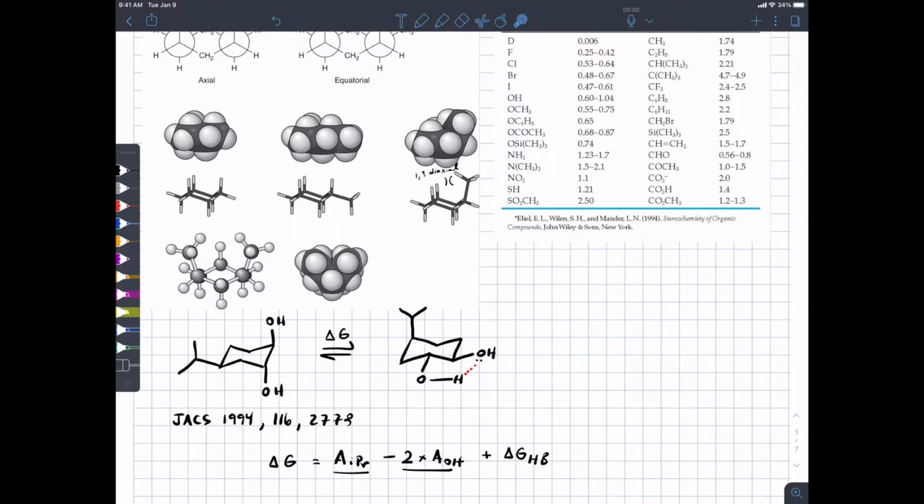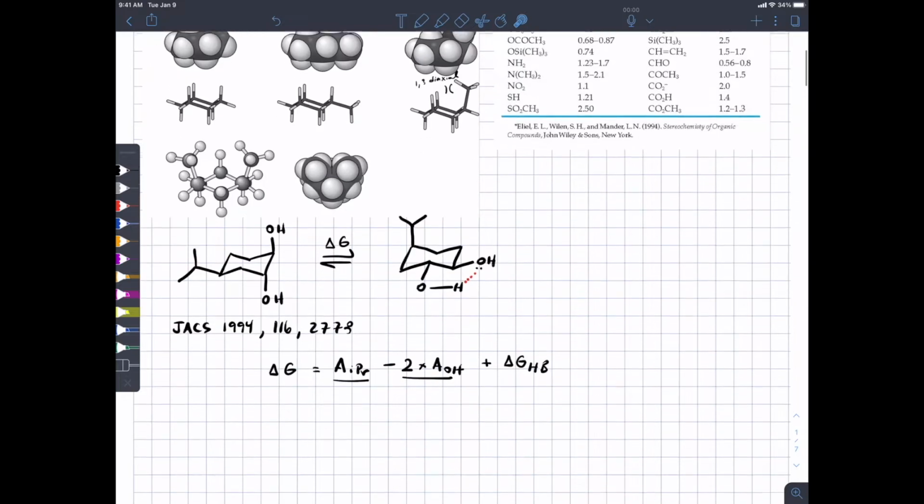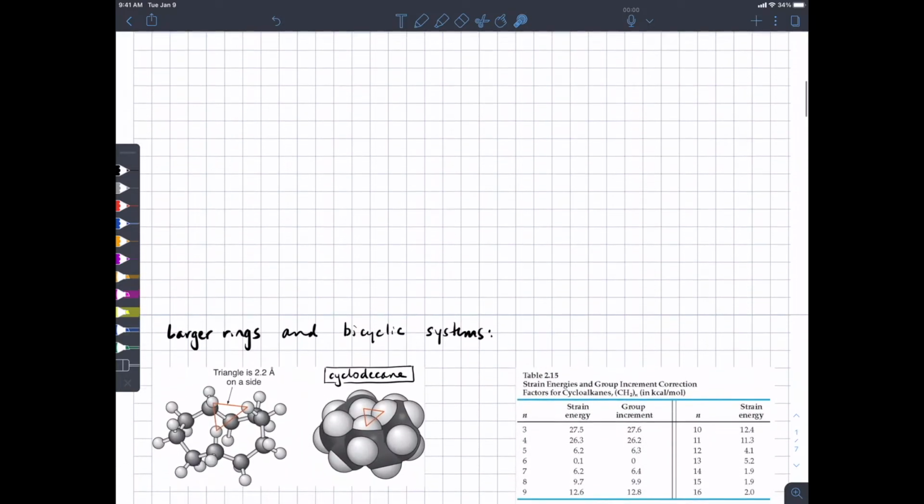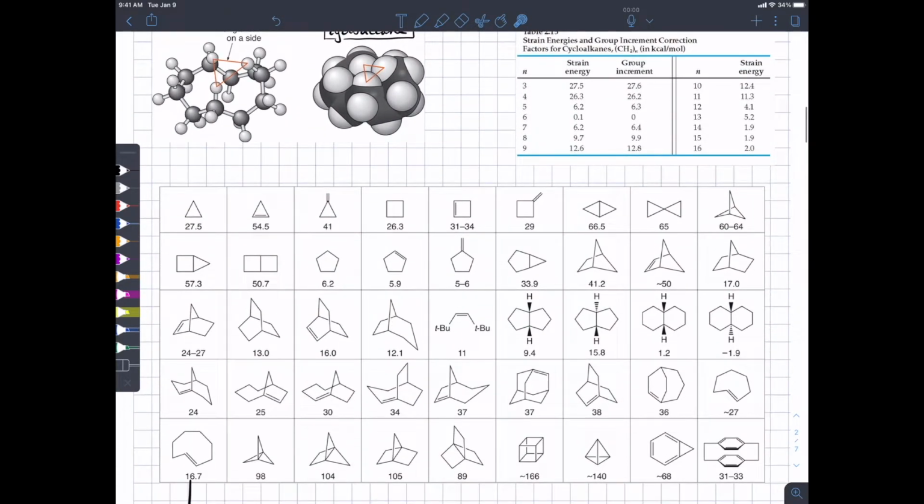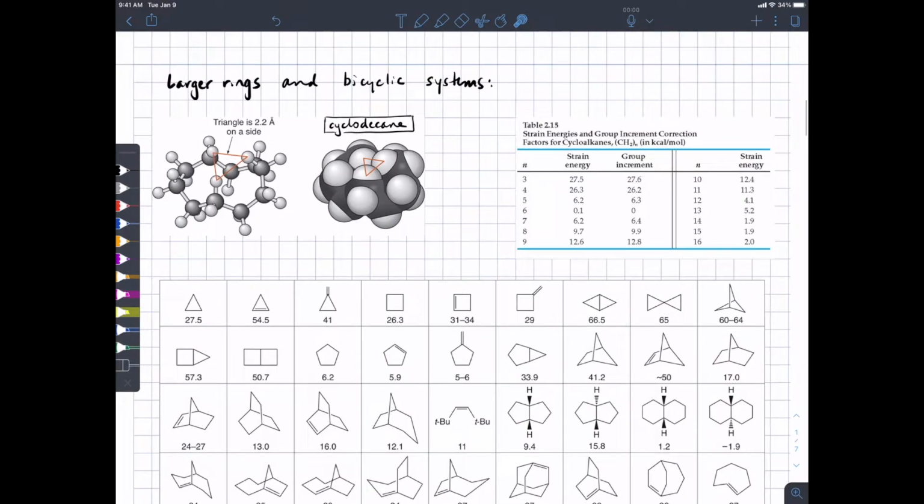Since this is a physical organic chemistry course, I just have to pay temporary lip service to all of the crazy ring structures that people have made in a desire to understand ring strain. There are a few important principles that are maybe interesting.